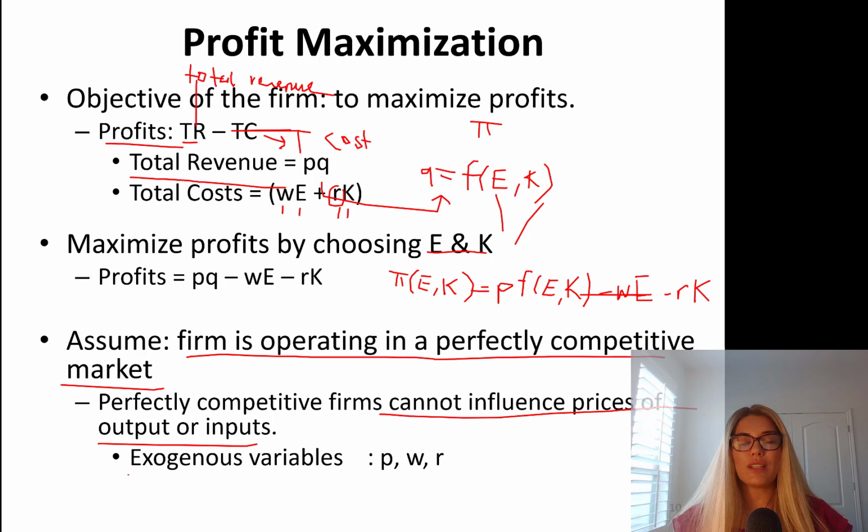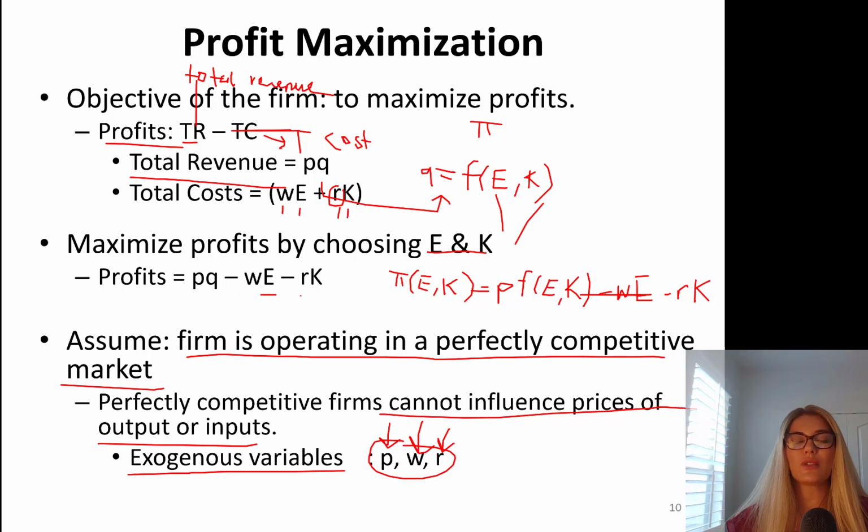Okay, so we learned about exogenous and endogenous variables in previous chapters. Exogenous variables here, given variables, okay, are the price of the product you're selling, the wage rate of workers, and the rental rate of capital. These are given from outside. And your choice variables are, what am I going to decide on? You're going to decide on how many people to hire.